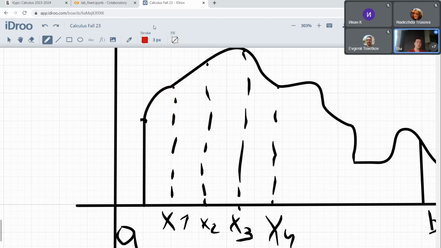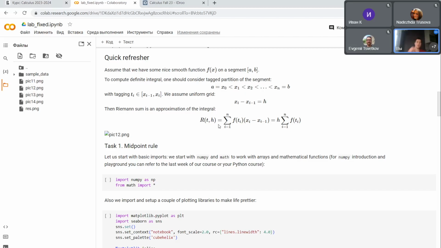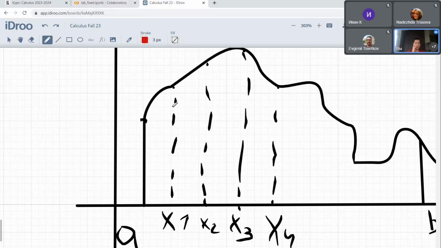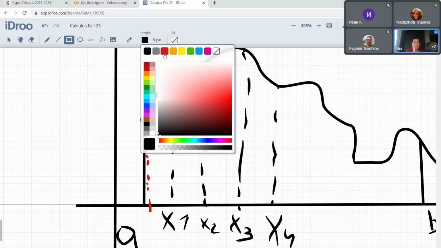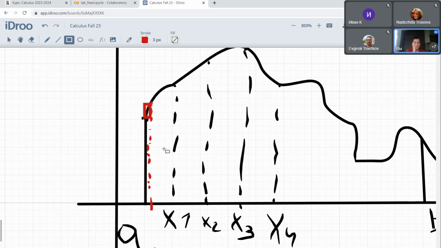The simplest idea is to do the following thing. Let's have a look. We can take some random point from this segment, for example this one. We can compute the value of the function at this point, and we can multiply the value of the function at this point by the length of the segment.